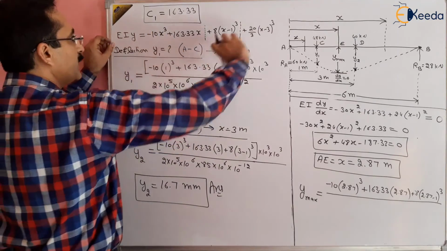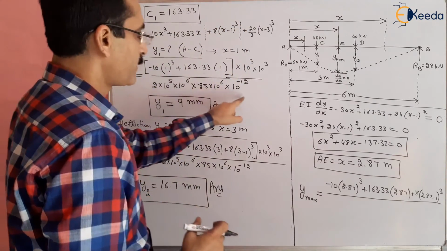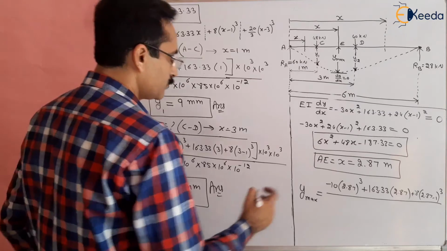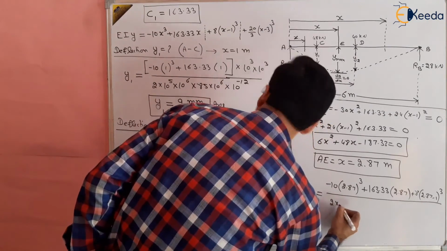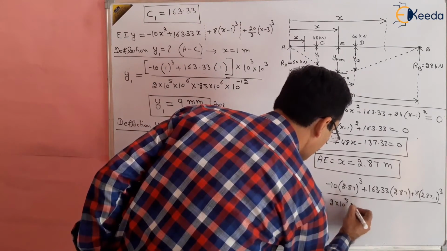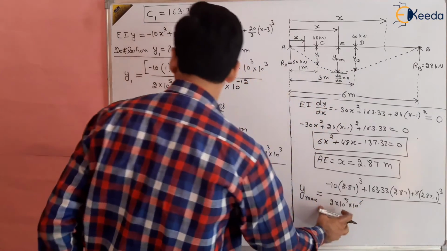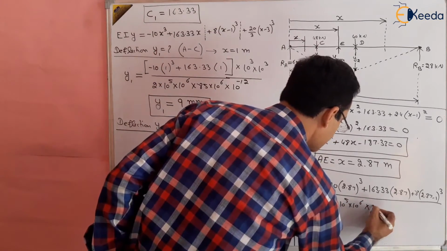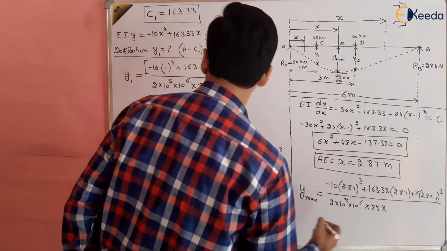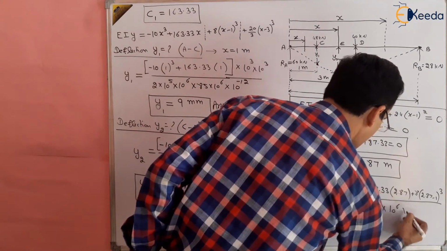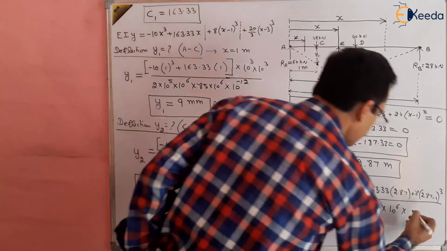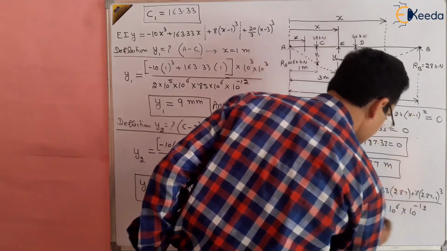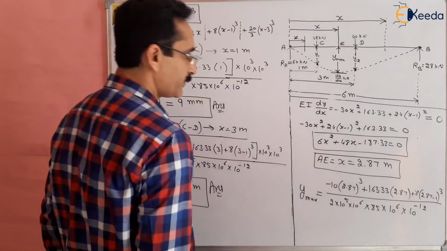This EI will come in the denominator: 2 multiplied by 10 to the power 5 multiplied by 10 power 6 Newton per meter square, and moment of inertia 85 multiplied by 10 to the power 6 multiplied by 10 power minus 12, moment of inertia in meter to the power 4.